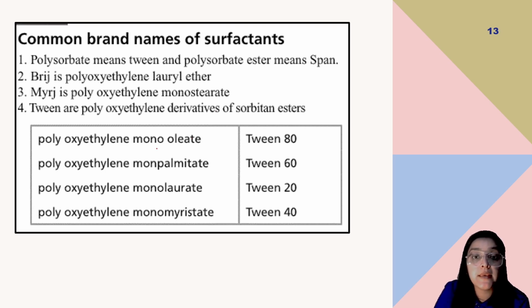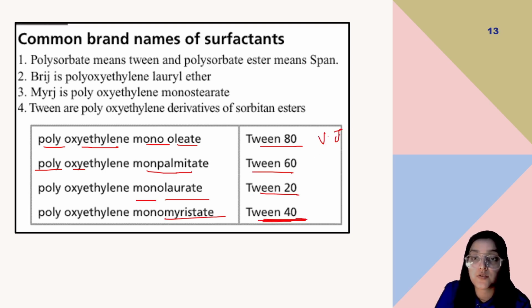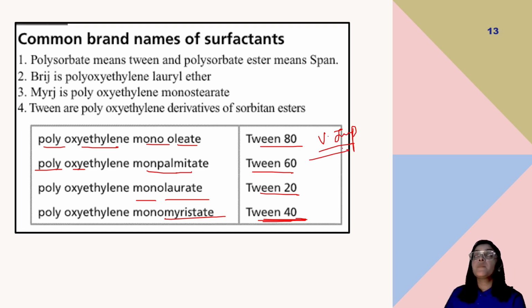You can see the Tweens as the polysorbitan esters: polyoxyethylene monooleate is Tween 80, polyoxyethylene monopalmitate is Tween 60, monolaurate is Tween 20, and monomyristate is Tween 40. Very important students. But you first need to know what are Spans and what are Tweens.